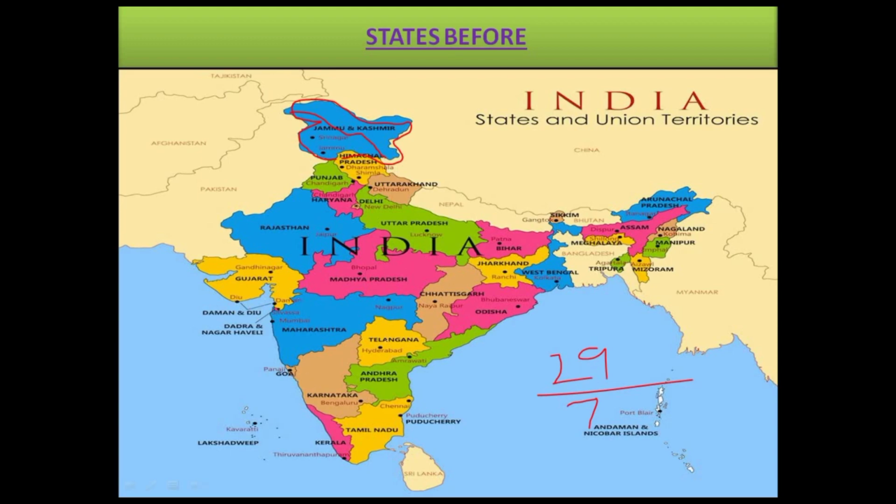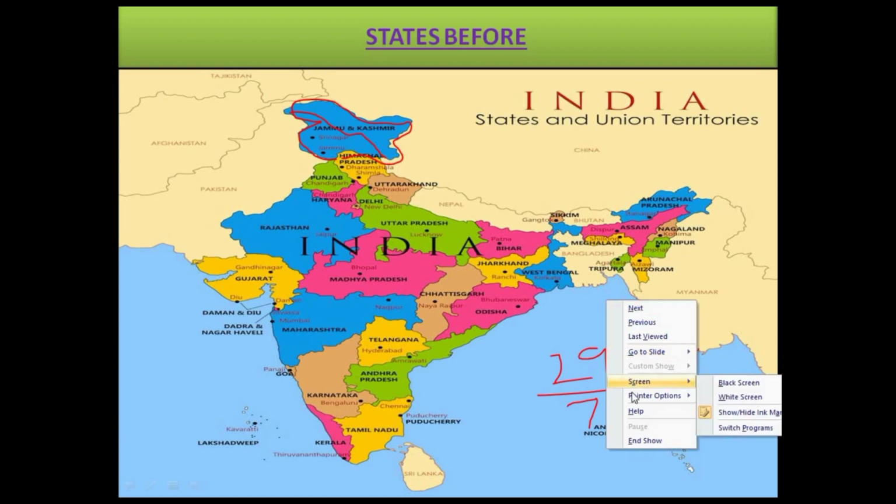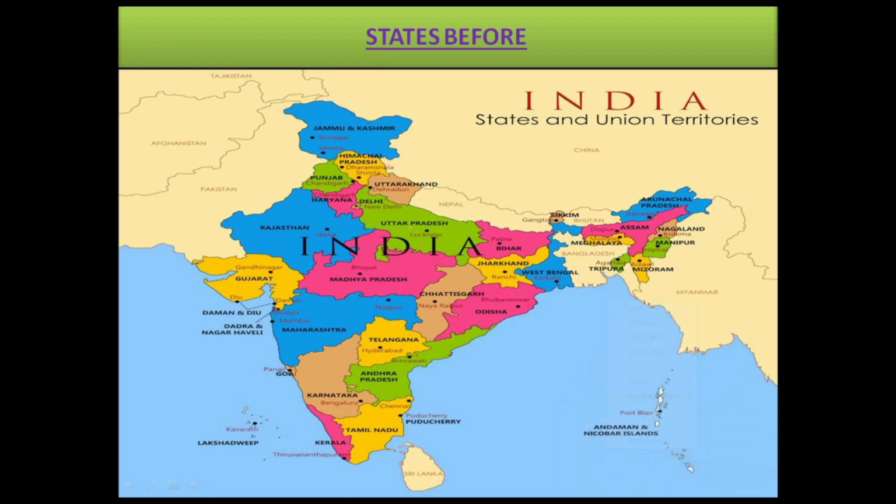Here we can see that Chandigarh is already a union territory, Delhi is also one, that is 2. Third, Daman and Diu; 4th, Dadra Nagar and Haveli; 5th, Lakshadweep. Here near Chennai is Puducherry, so 6, and the Andaman and Nicobar Islands, 7. In total we had 7 when we had 29 states. At that time we had 7 union territories.